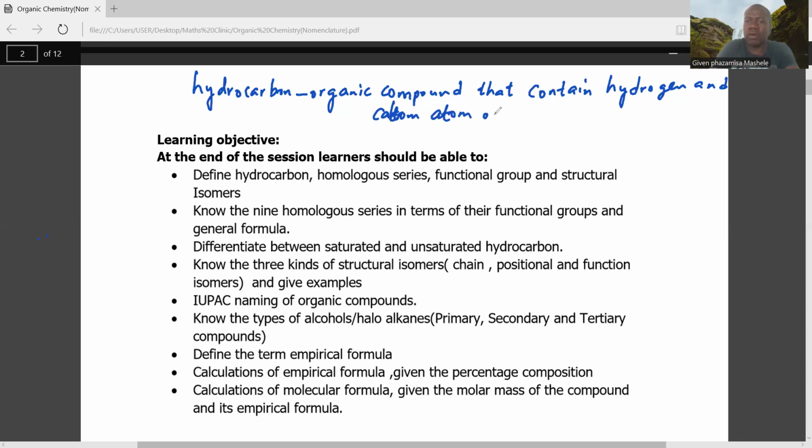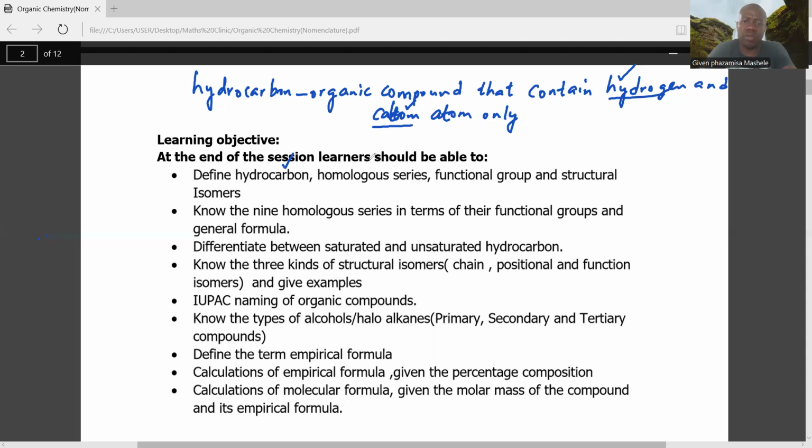So organic compounds that contain or consist of hydrogen and carbon atoms only are referred to as hydrocarbons. So it means those that do not contain hydrogen and carbon atoms only are not called hydrocarbons. In other books, they call them derivatives. You learn them when you go to university. Right, so you must be able to define what a hydrocarbon is. It's an organic compound that contains hydrogen and carbon atoms only.